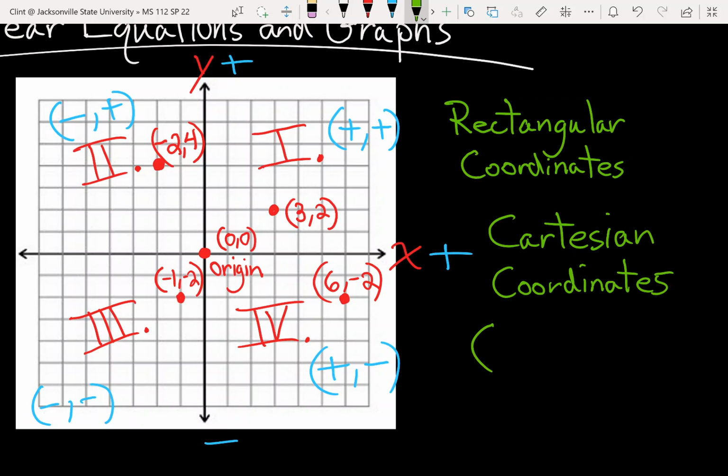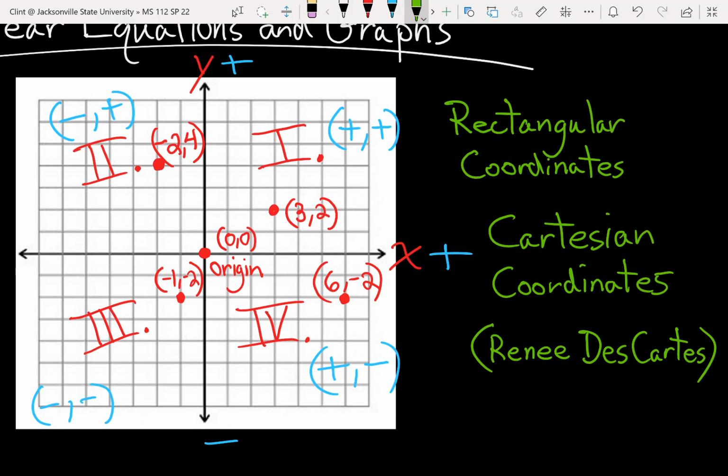Calling them Cartesian comes from, I know there's some accent mark I'm missing in there, Rene Descartes, a French philosopher and mathematician. You get Cartesian from his last name.